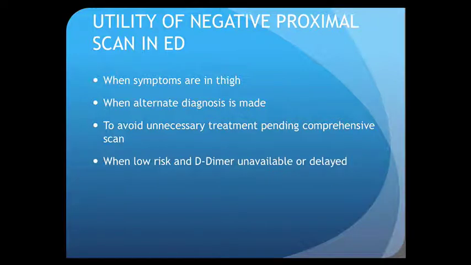Or if the proximal scan is negative and the D-dimer eventually comes back as negative, then you may say no further imaging is required. If the D-dimer comes back as positive, then your local policy may be that they then get a repeat scan in 5 days. Again, you have to put this into the setting of what is usual practice at your hospital.